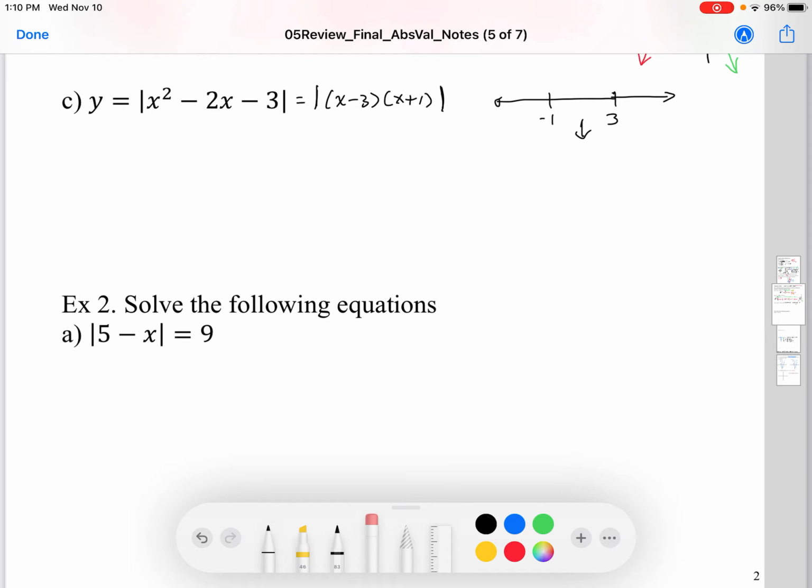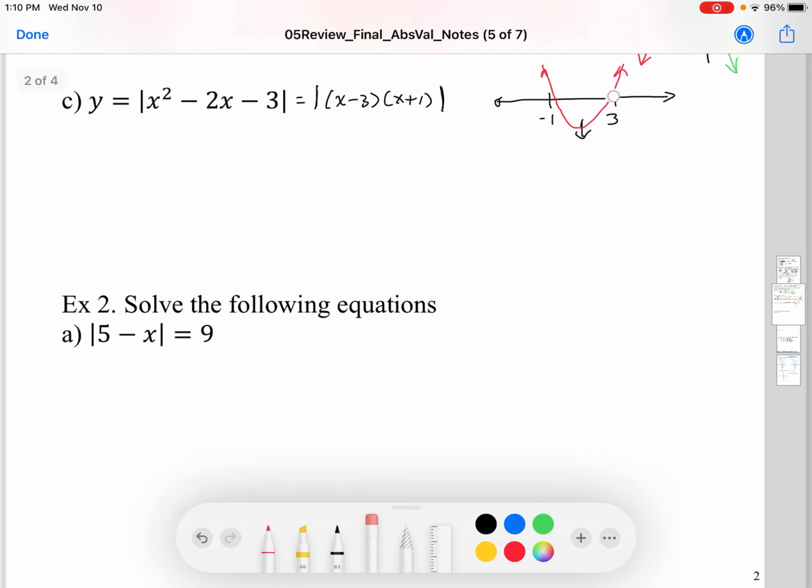But we could also establish that same idea if we just visualize that this is an upward facing parabola. And we know that from here to the left and from here to the right, we're going to be above the x-axis. So that's how I'm going to establish my domain. Okay, so that's going to be my positive domain, and below is going to be my negative domain. I'm actually going to switch the colors here.